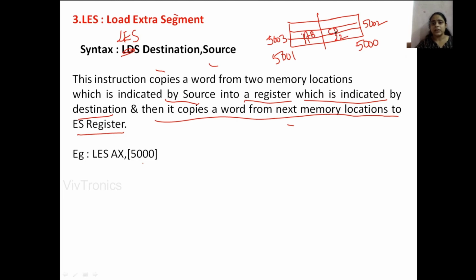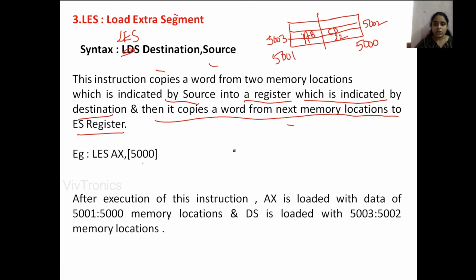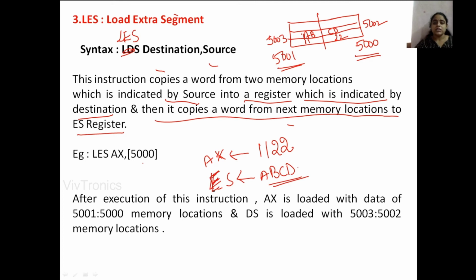After execution of the instruction, the AX register will have the data of 5001 and 5000. That means the AX register will be copied with the data 1122, and the extra segment is loaded with the data ABCD. Okay. So in this way we can load our segment register.